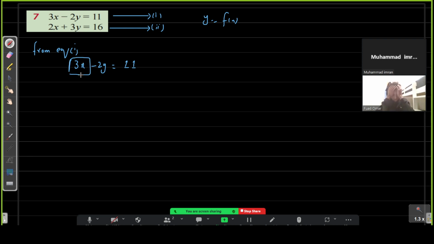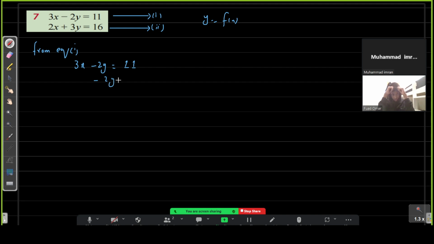We have equation number 1, and this is equation number 2. From equation number 1, I can say 3x minus 2y is equal to 11. I can find the value as x is equal to something or y is equal to something. So I'm going to write y is equal to something.